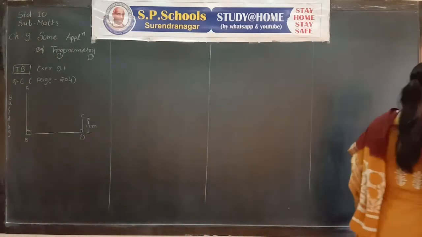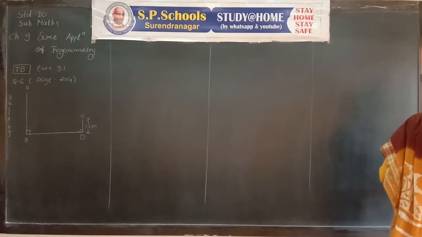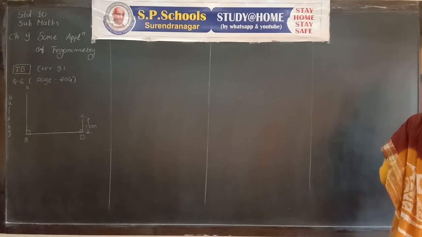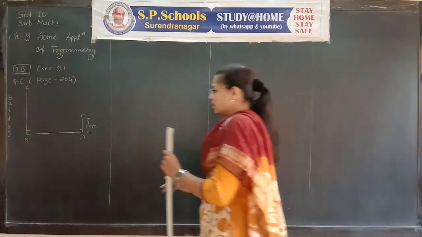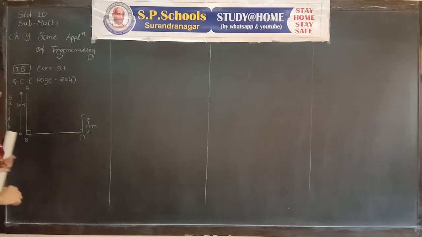Next thing given is that the 1.5 meter tall boy stands some distance from the 30 meter tall building. The building is 30 meter tall. Mention in the figure, building is 30 meter tall.